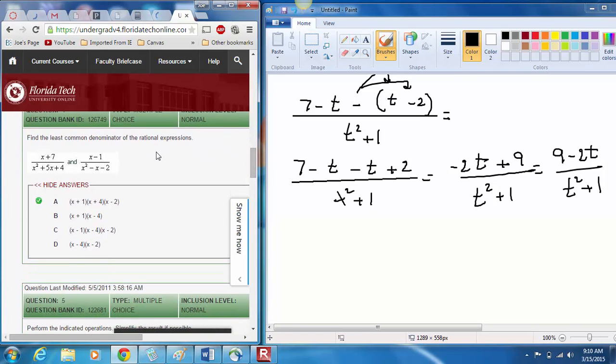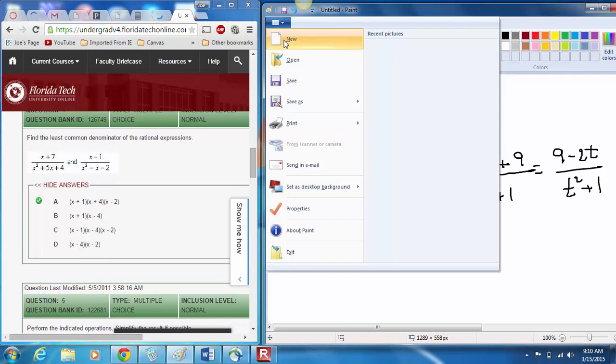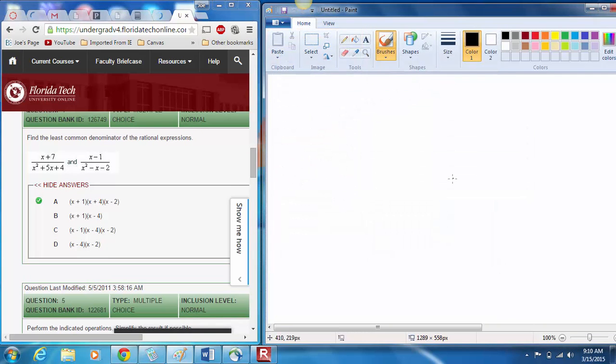Find the least common denominator of the rational expressions. So here we have x plus 7. I want to find the least common denominator. So let's take the first denominator, x squared plus 5x plus 4, which is x plus 4, x plus 1.